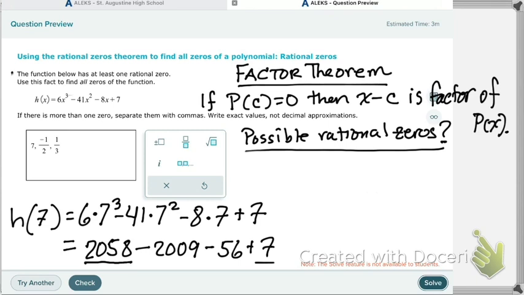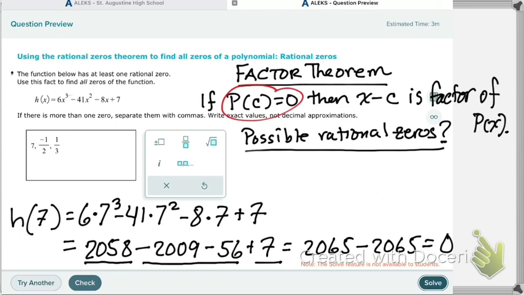2058 plus 7. What is that? That's 2065 minus negative 2009 minus 56 is 2065. So that equals 0. Okay? So we've got this case where we've got a P of C equals 0.